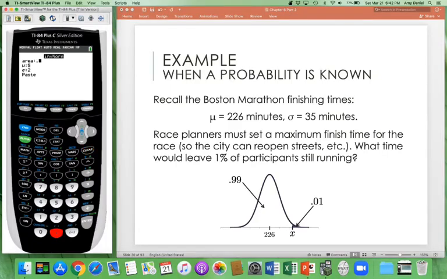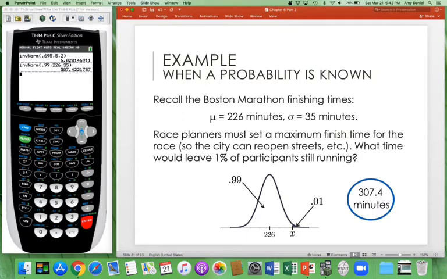So that's going to be our 0.99. And then we'll tell it our mean and standard deviation. So 226 minutes and a standard deviation of 35 minutes. Then inverse norm, and that gives me 307.4 minutes. So they want to set that as the maximum finish time so that at most they're going to leave 1% of participants still running.